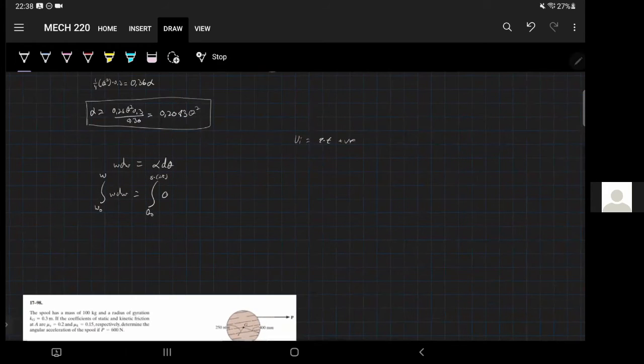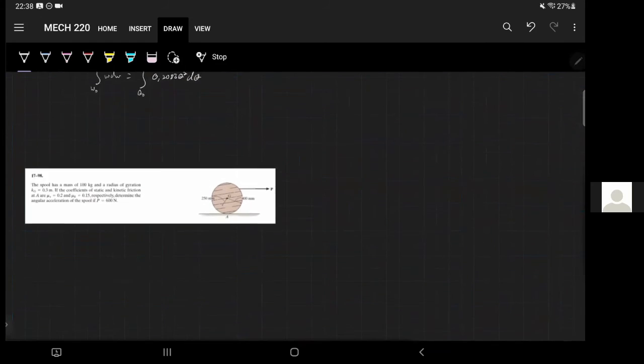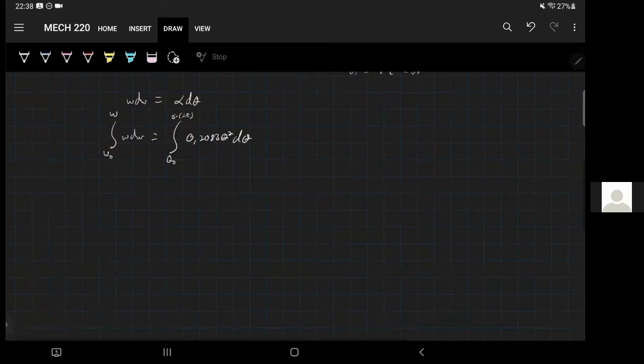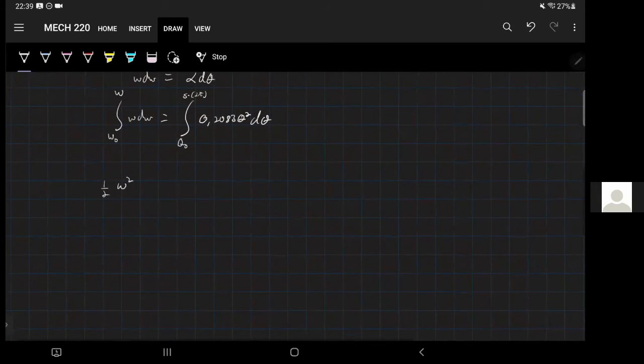And I have the equation 0.02083 theta squared d theta. And move the next problem a bit down. Here we go. And then we do the math here. Basically, this becomes 1/2 omega to the power of 2, right?